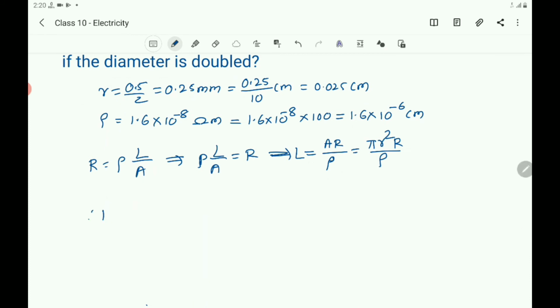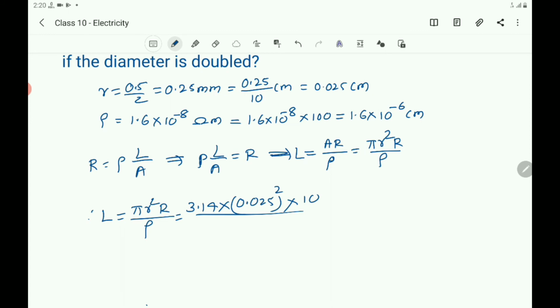Therefore, you can write here the formula: L equals πr²R by ρ. The value of π is 3.14, into r, where r is 0.025 cm, 0.025 whole squared, into R. Resistance is 10, that is 10, divided by ρ.